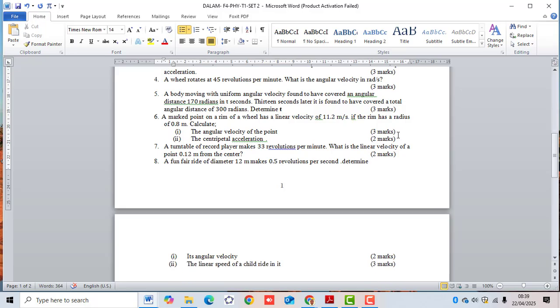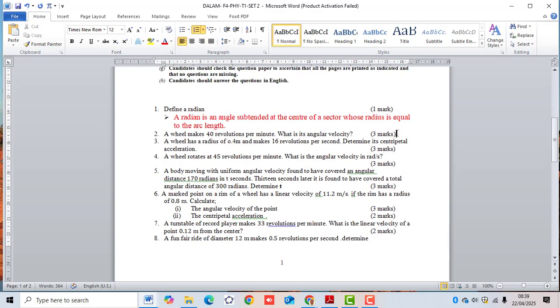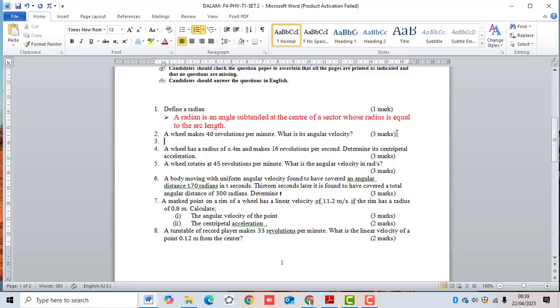Then from there, we went ahead and tested on this mathematical calculation. A wheel makes 40 revolutions per minute, meaning that for a minute, it is making 40 revolutions. What is the angular velocity? So when they compare that revolution with the time, automatically that is what's called the frequency, the number of cycles for 1 second.